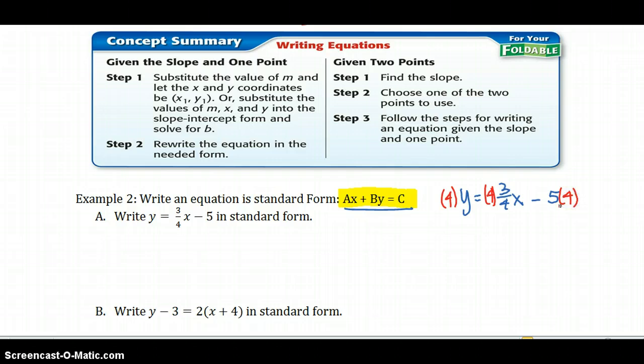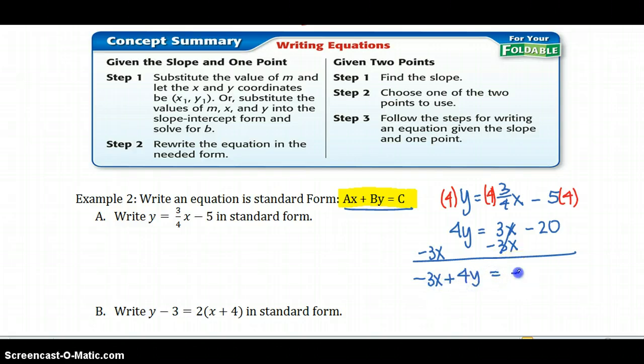So if I multiply everything times 4, then my equation turns into 4y equals 3x minus 20. Now I need to do a little rearranging. If I subtract 3x, then I'm getting a little bit closer to home. Negative 3x plus 4y equals negative 20.